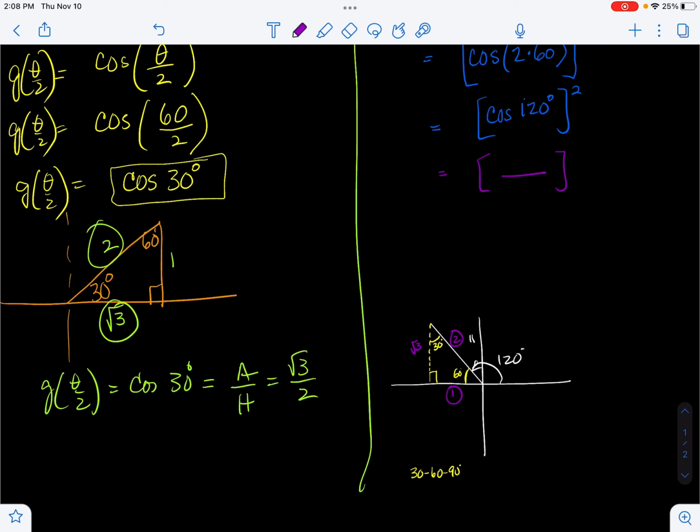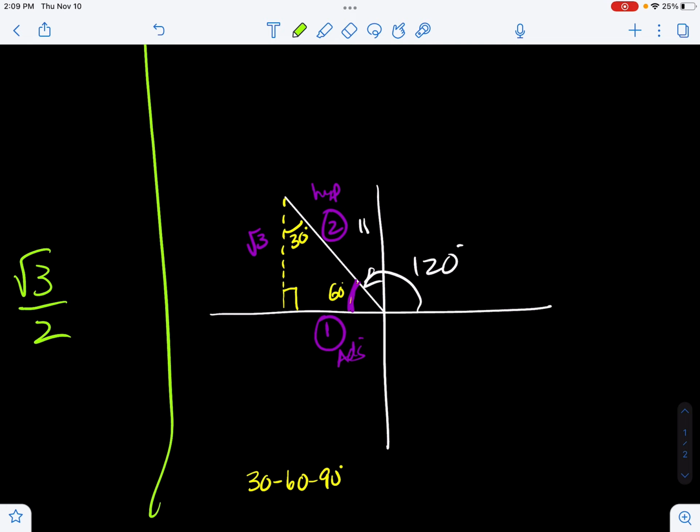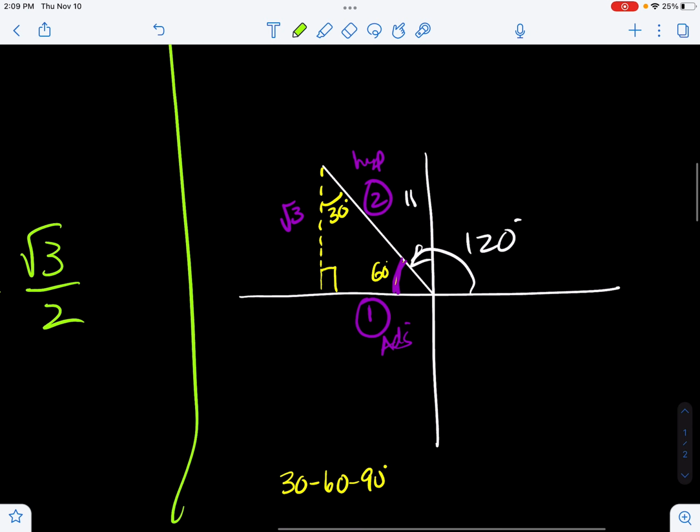Adjacent is 1, because that's my reference angle, and then adjacent sits right next to it. Over hypotenuse, that's 2, so 1 over 2. I'm not sure if you've noticed yet, that 1 that I wrote, we are on the left side of the x-axis, and that 1 should be negative 1. Because we're on the negative side of the x-axis and not on the positive side.